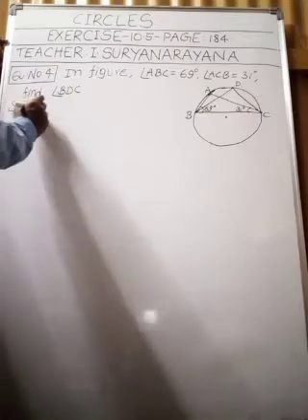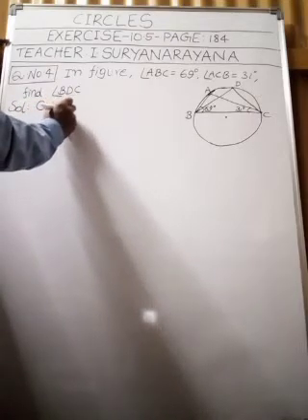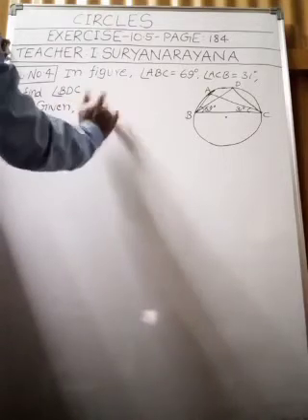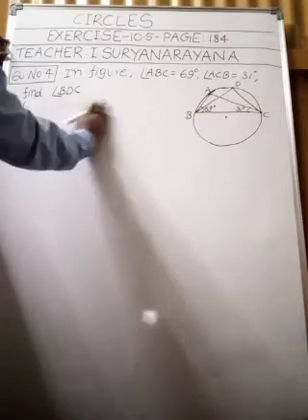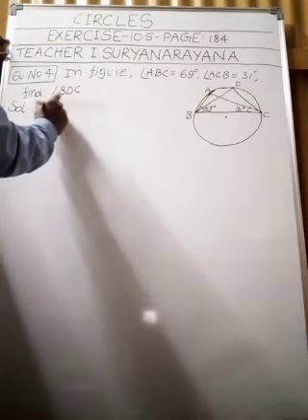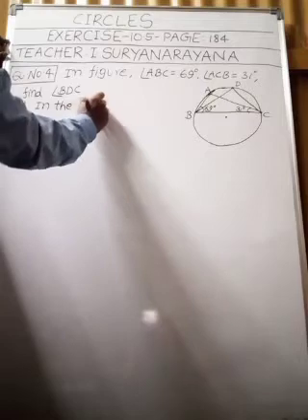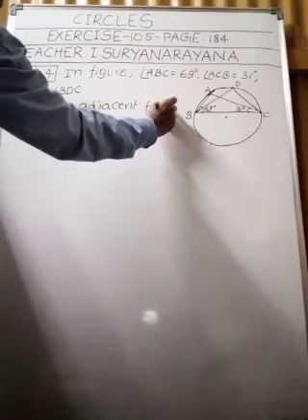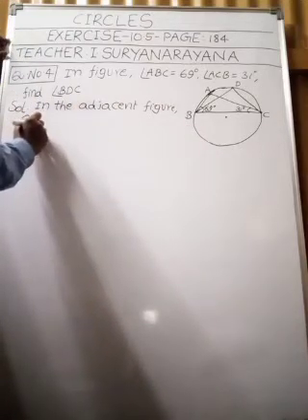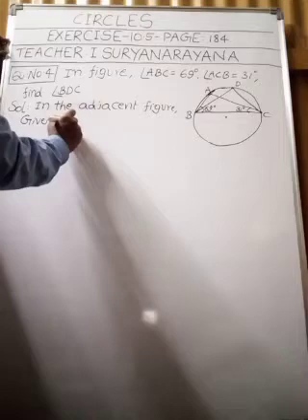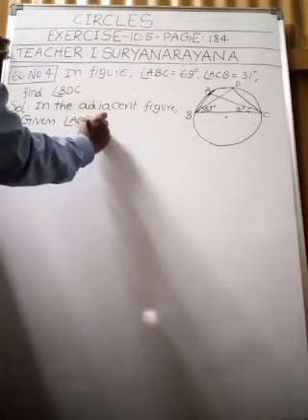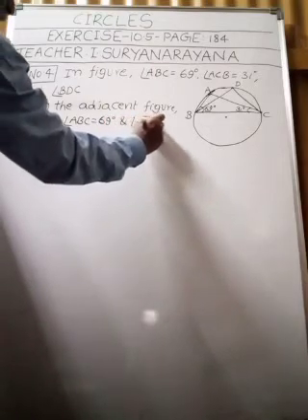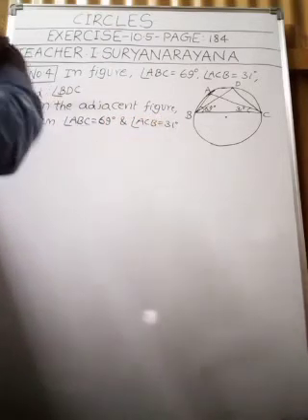Come to the solution part. Given, in the adjacent figure, angle ABC is equal to 69 degrees and angle ACB is equal to 31 degrees.